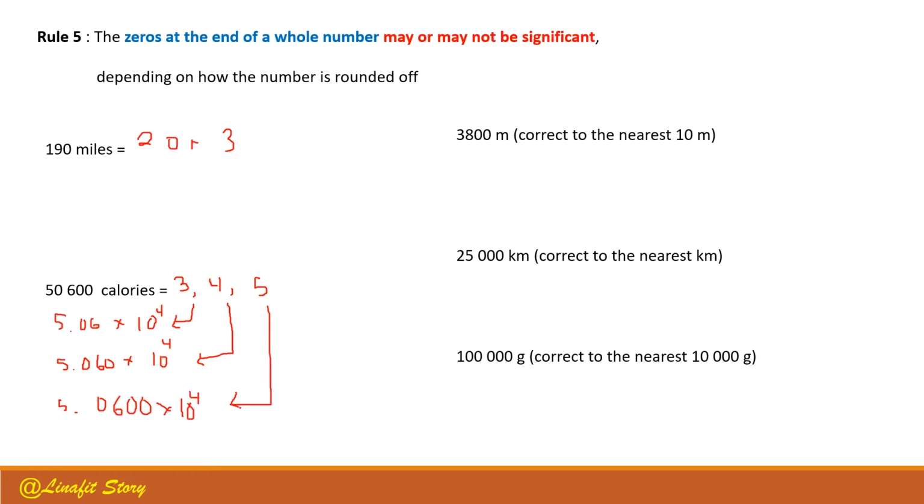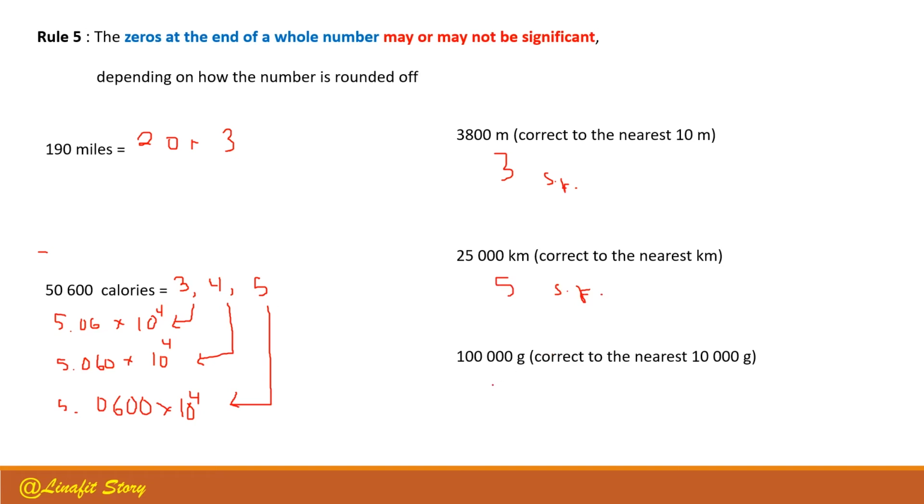Next, 3,800 meters. Correct to the nearest 10 meters. So the answer is 3 significant figures. 25,000 km. Correct to the nearest km. So this is 5 significant figures. 100,000 gram. Correct to the nearest 10,000 gram.